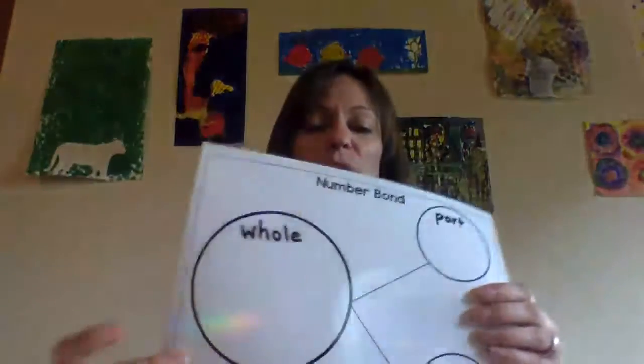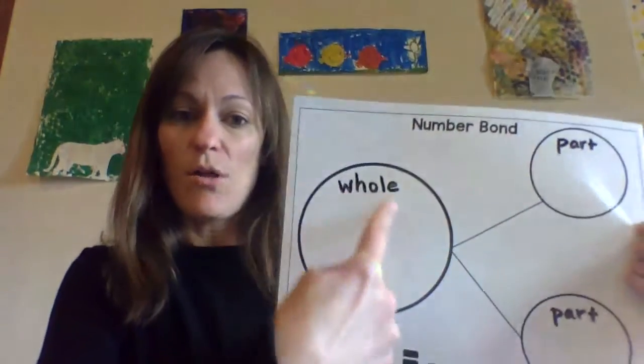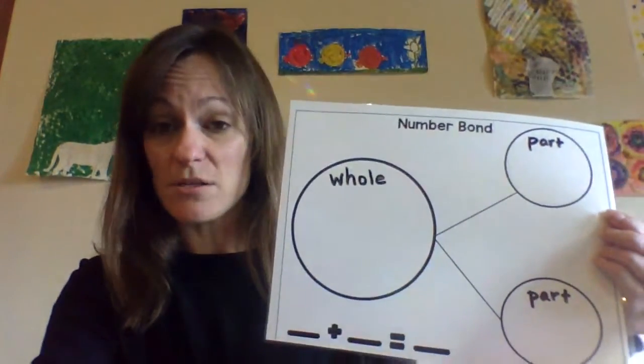Now, to help me think about this, we use different structures. And so we use things like number bonds. Now, a number bond demonstrates the whole being broken into 2 parts.